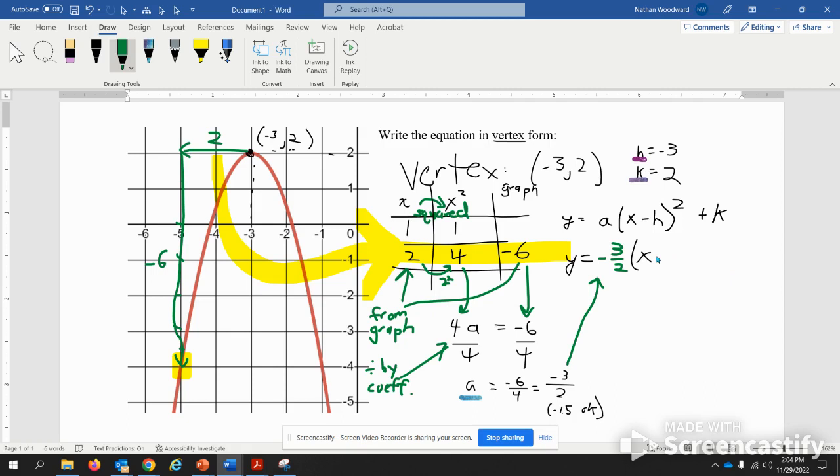So minus negative 3 would be plus 3. h equals negative 3. Therefore, negative 3 is going to create a 0 inside the parentheses. So that's why we put a plus 3. Because we're trying to say h is the x value that will make a 0 here. And then our k value, plus 2.